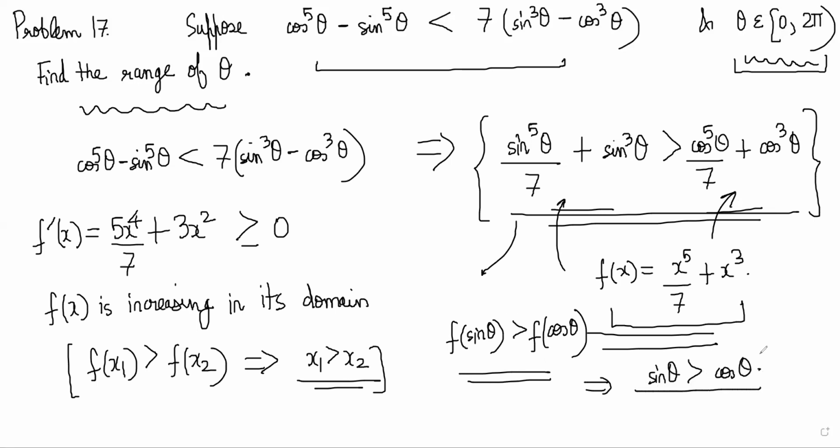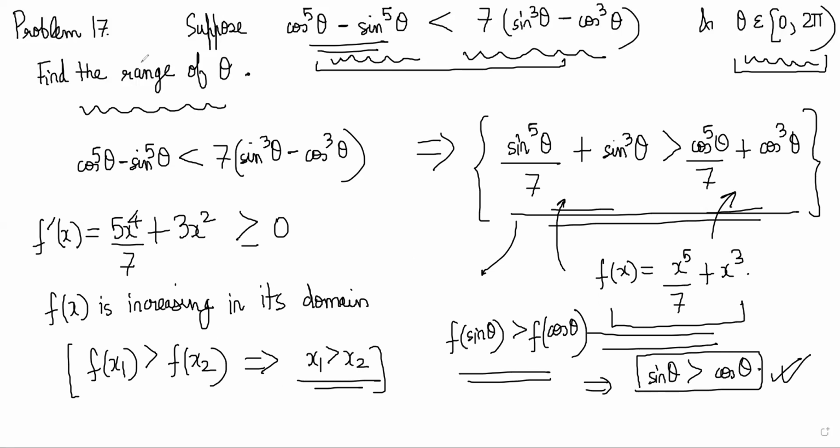Because the function f is increasing, that is a much easier inequality to solve. We don't have to look at any trigonometric identity. We don't have to try to cancel factors or factorize this, which would be annoying. You simply use calculus and increasing functions to come to this conclusion.